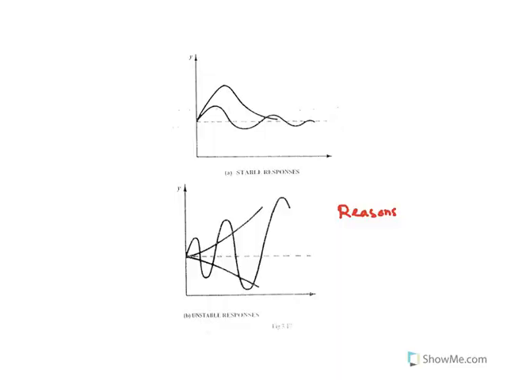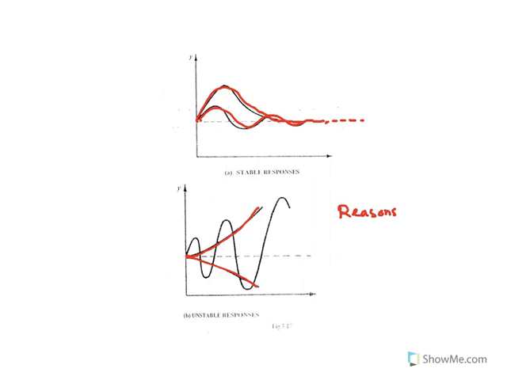Here is an example of stable responses. As we can see, there is an underdamped system also, but finally they will reach the set point. On the other side, these are unstable systems, since they are going to be unbounded.